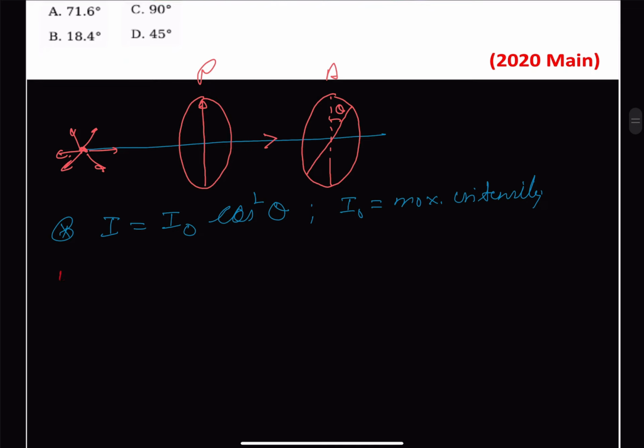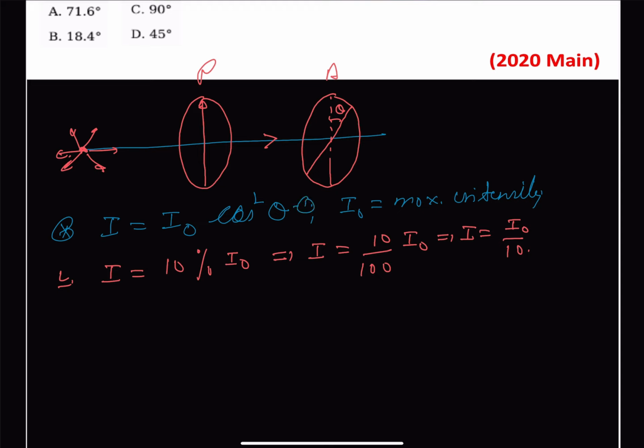So according to the question, our I will be equal to 10% of I naught, that is, 10 upon 100 multiplied by I naught, or our I will be equal to I naught divided by 10. Let us call this equation 1.